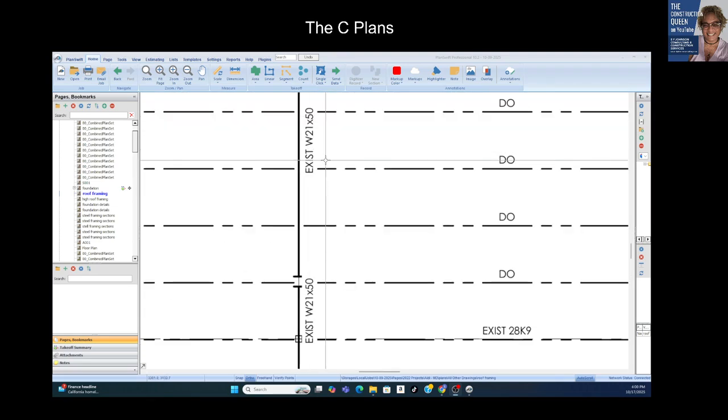And really, the number on the beam signifies the width of one of the parts of the beam, and the second number represents how many pounds per linear foot. Remember, structural framing is all about loads and weights. And that second number after the times symbol signifies how many pounds per linear foot that beam can hold.